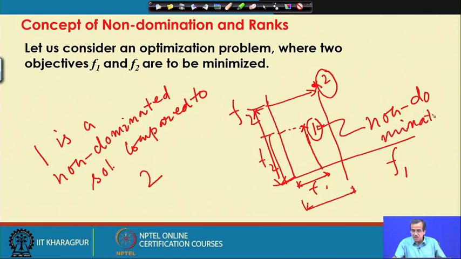So, this is a better solution, and solution 2 is nothing but the dominated solution. This is actually the definition of the non-dominated solution. So, this particular term we are going to use very frequently while describing the principle of some other tools using GA to solve the multi-objective optimization problem.